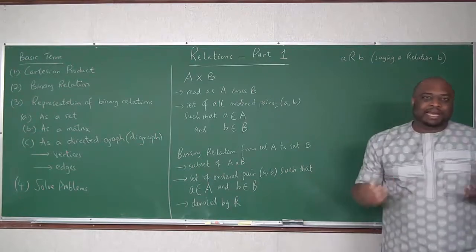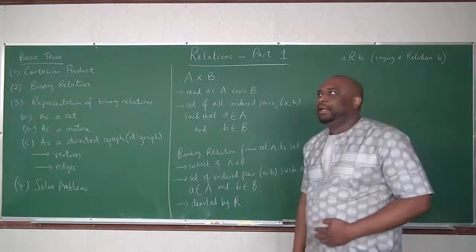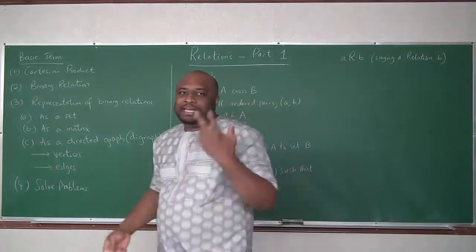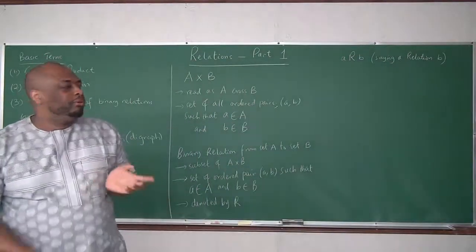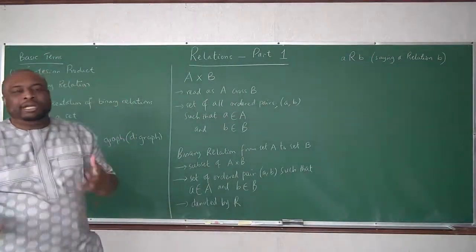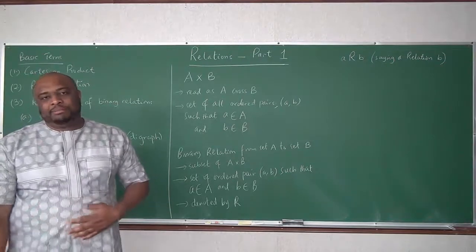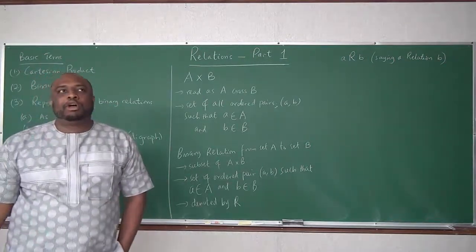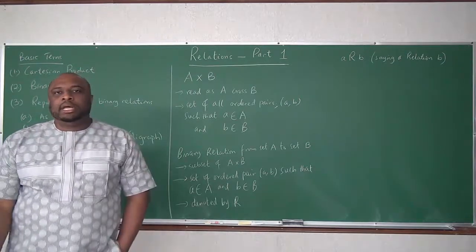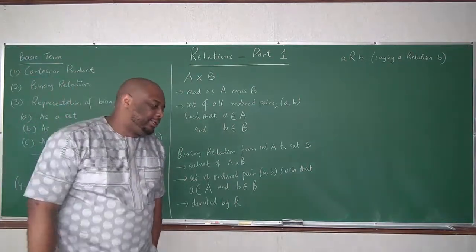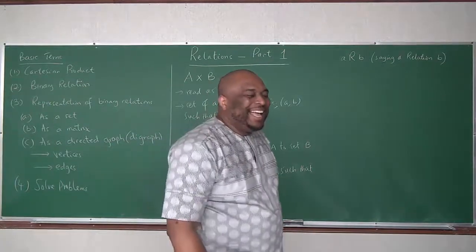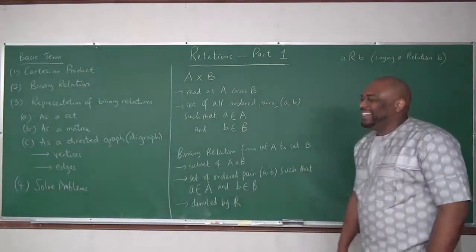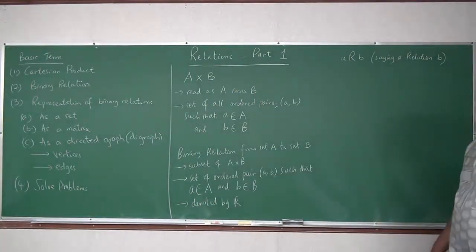And you can see binary: bi is two. Binomial, a polynomial of two terms; bilateral, talks between two nations or two people, bilateral talks.